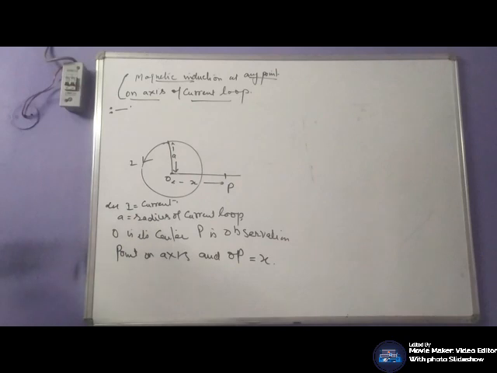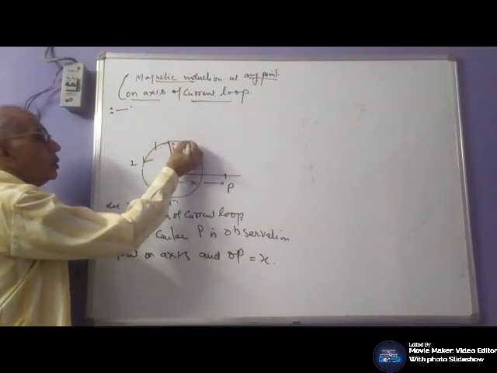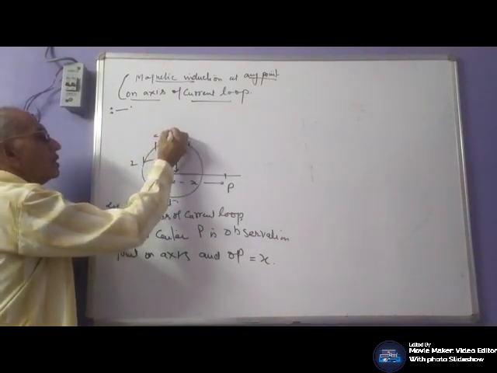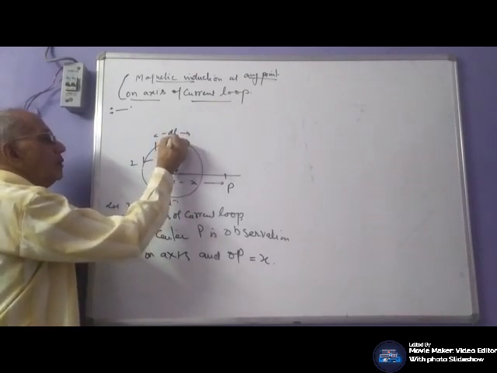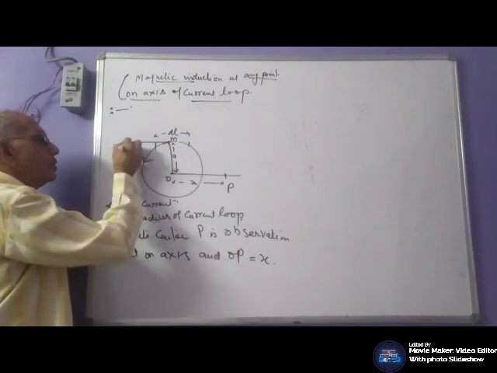How to solve this? We have to apply Biot-Savart Law. For that, we have to cut a current element. This M is its center.